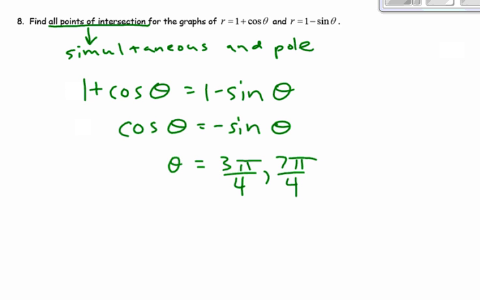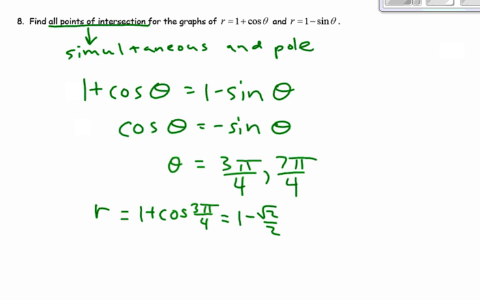Okay? So we're finding the points of intersection, so we need to find those radii. All you have to do is plug that back into one of the equations, it doesn't matter which, and solve. So I'm just going to use the cosine one. So 1 plus cosine of 3 pi over 4, that'd be the second quadrant, so that'd be 1 minus root 2 over 2.